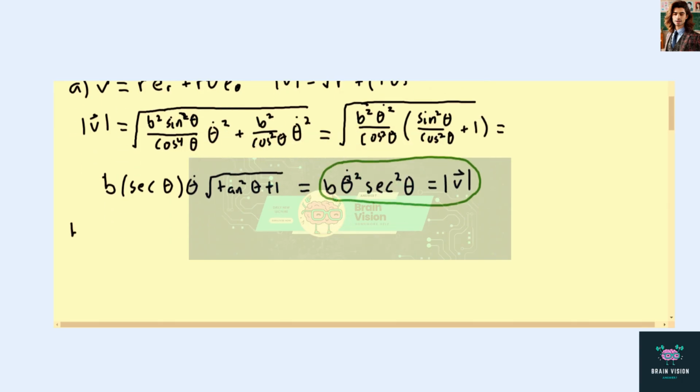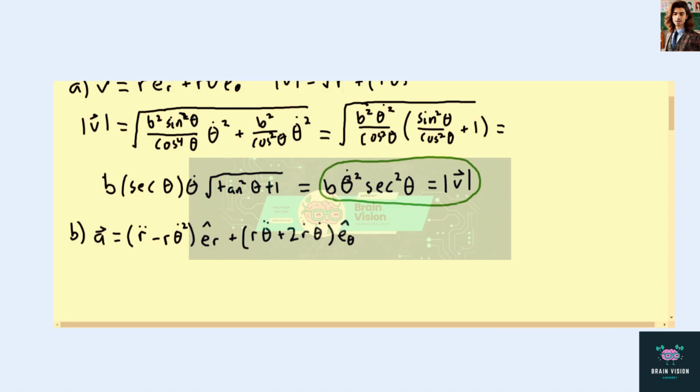And part B. So we want the magnitude of the acceleration. And so we have a formula for that with its radial and transverse components. So we have our r double dot minus our r theta dot squared in the radial component, and then the transverse component is an r theta double dot plus 2 r dot theta dot.